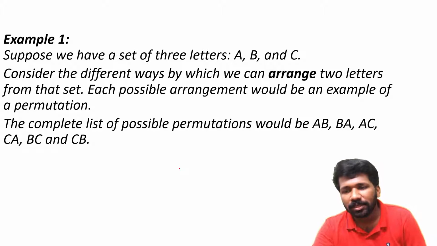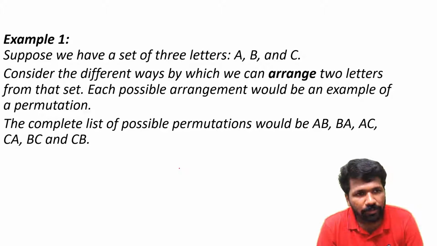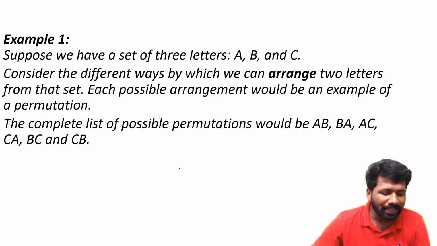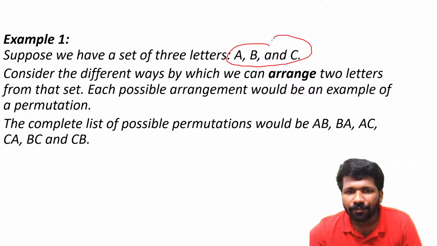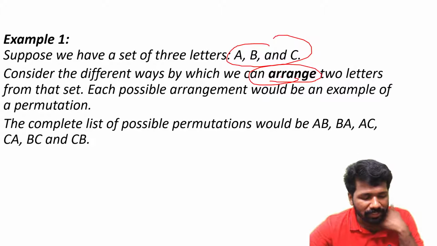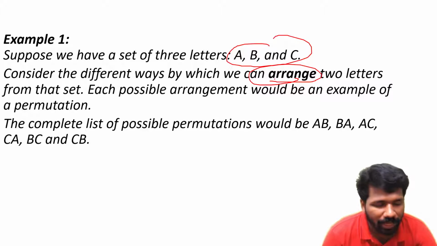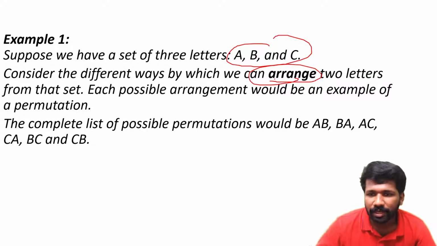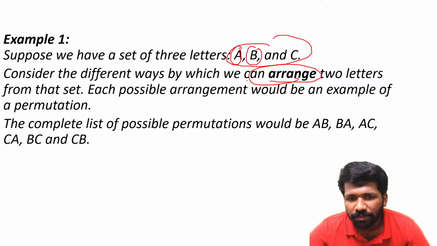So I will explain what is the difference between permutations and combinations. If you are having three letters ABC, consider different ways by which you can arrange two letters from the set. You need to take two letters from the set and you need to arrange them. How many ways you can arrange them? Two letters means A and B. I can write it as AB also, BA also.